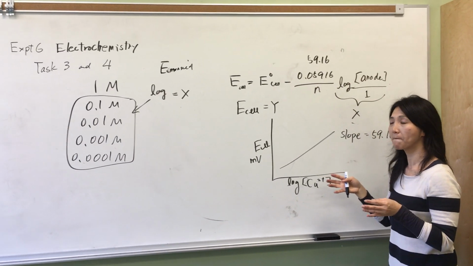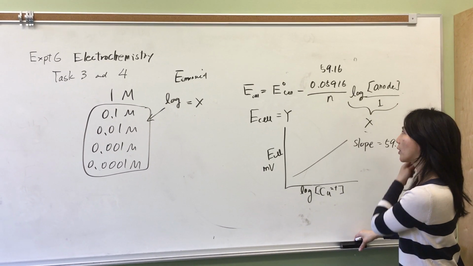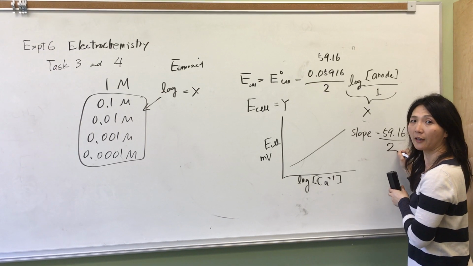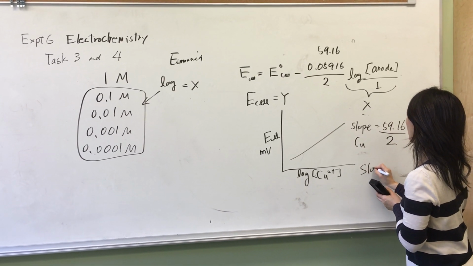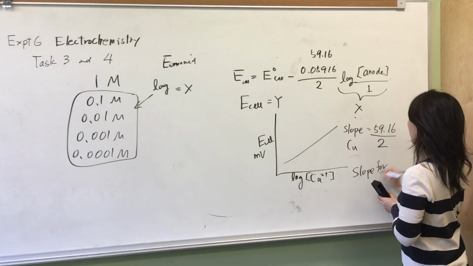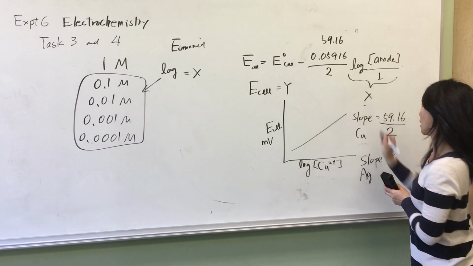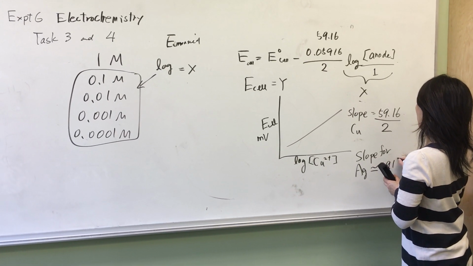It's close. The copper has 2 electrons, so it's going to be half. That's for the copper. For silver, since silver has only 1 electron, the slope should be close to 59.16.